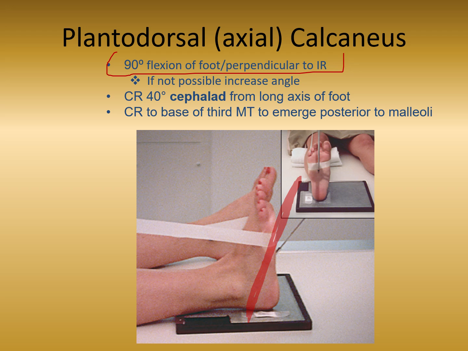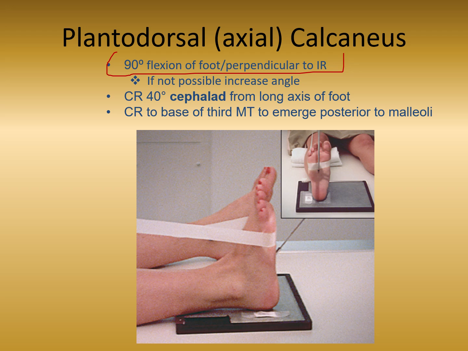We have to change the angle of the beam. We're going to increase the angle of the beam so that we don't project those metatarsals into the joint space. So we'll just have to switch it up depending on what our patient can or can't do. Now, the normal positioning is with their foot dorsiflexed to 90 degrees from the IR.